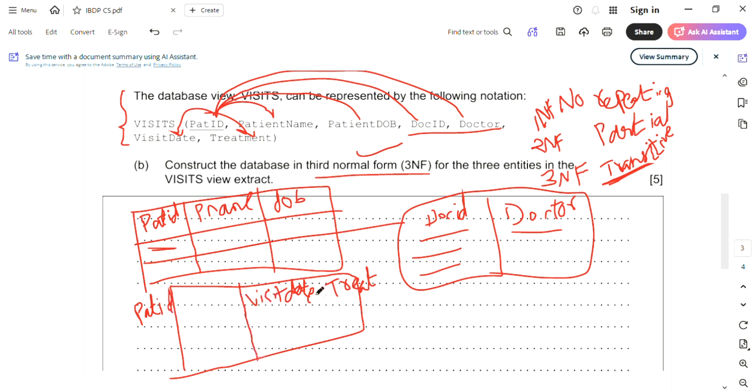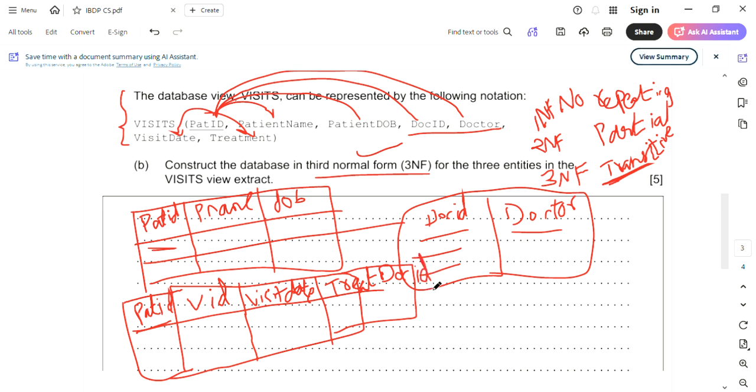Visit date and treatment are for this patient ID. So patient ID is to be maintained in this table, and also visit ID, to know how many times he has visited. Even though they have not given it here, we can have a primary key here, visit ID. And if I have to know through which doctor this patient is going, then I have to maintain the doctor ID column also here.